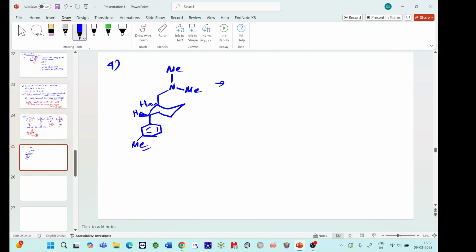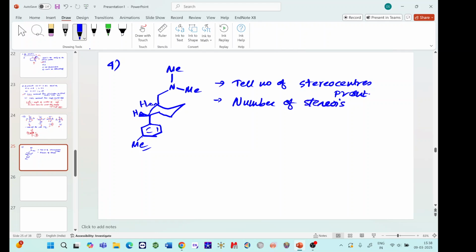So you have to tell the number of stereo centers present and then the number of stereo isomers. Okay, there are two questions. Can you try?